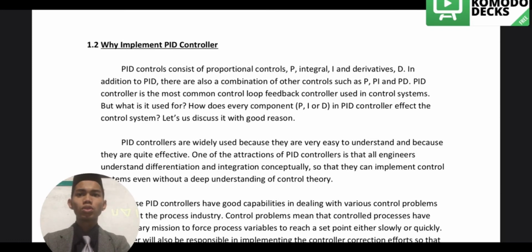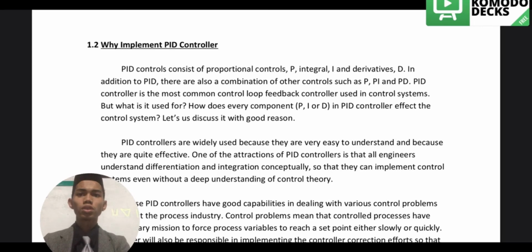The PID controller is the most common control loop feedback controller used in control systems. But what is it used for? How does every component P, I, or D in the PID controller affect the control system? Let us discuss it with good reason.